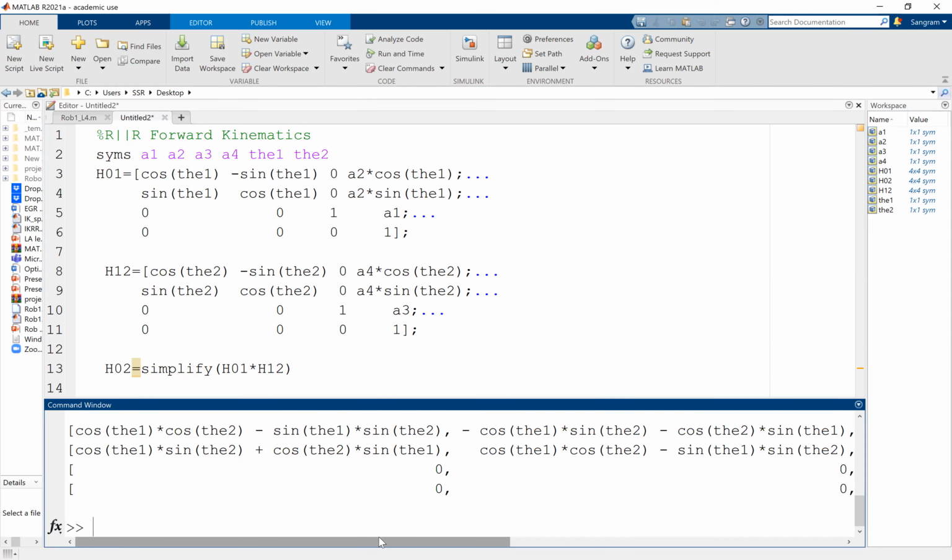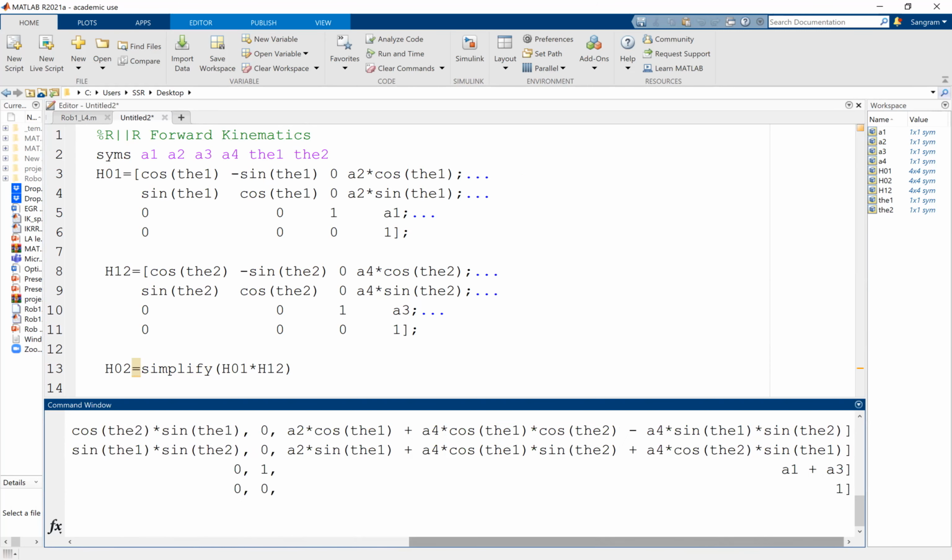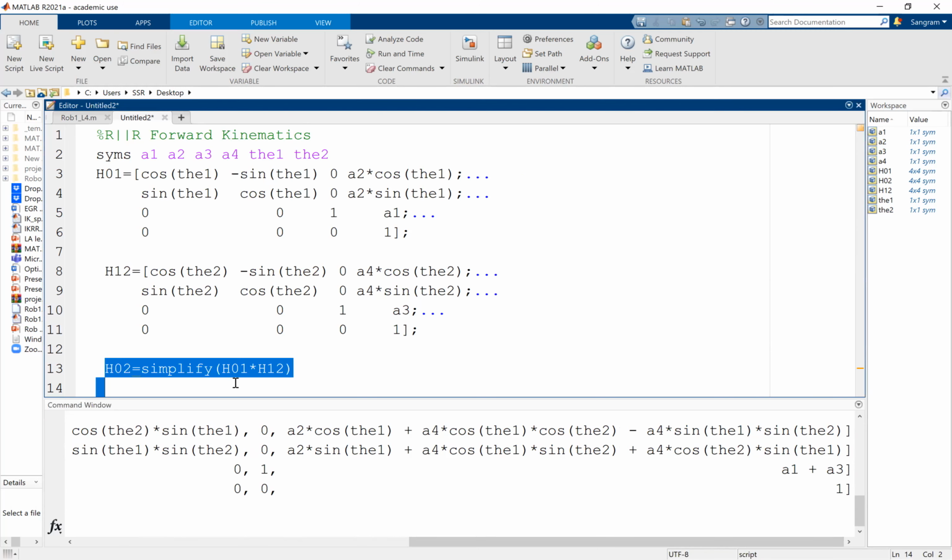And then once you go on to the right, you will realize that your H02 expression is simplified further. So if you look at H01, actually, let me do it something like this so that you will see H02.